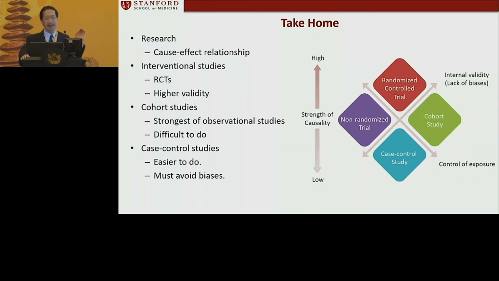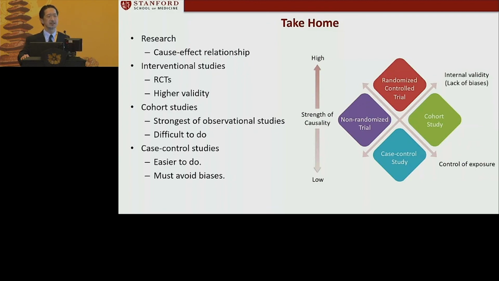So I talked about a lot of things, but let's summarize to a few things. We emphasize that research, science, is about the cause-effect relationship. That's what you're doing. Even when you write a case report, that's what you're trying to do, demonstrate cause and effect. So don't lose sight of what research is all about.